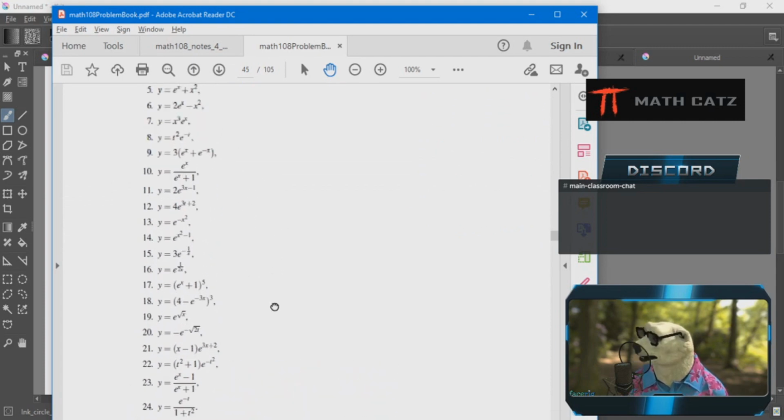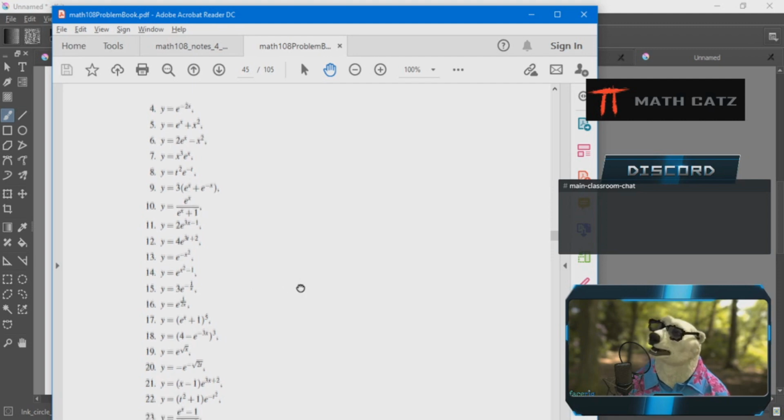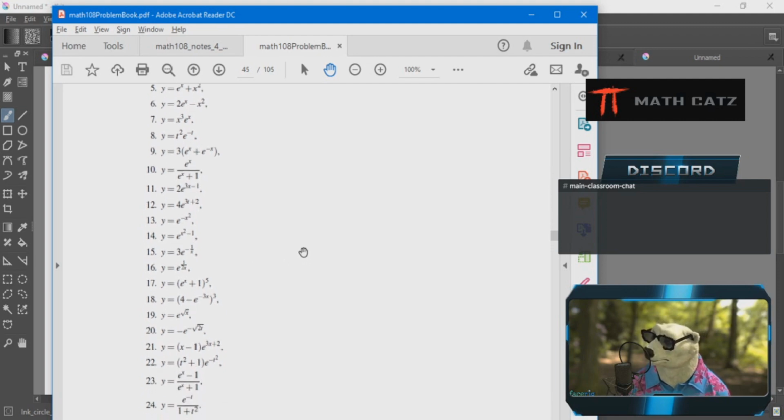We'll have some practice for this at the start of tomorrow, just to make sure. Feel free to look at these, and if you have a specific one you want us to do first thing tomorrow, let me know. But we'll just practice a couple of these just to get used to what this e to the x function is, how does it work when I ask the derivative question, and then we'll move on to the next bit.